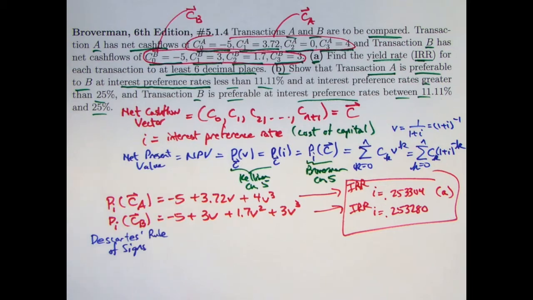And when you're thinking about these net present values, how do you decide on the preference rate to think about? I would say think of it in terms of, say you're imagining investing in bonds and getting a certain kind of return, a certain kind of yield. Think of that as your interest preference rate. That's something available to you. And now you want to invest in capital, and so you want to think about your net present value for cash flows generated by investing in capital at the same interest rate, the same yield rate that you can get with bonds.